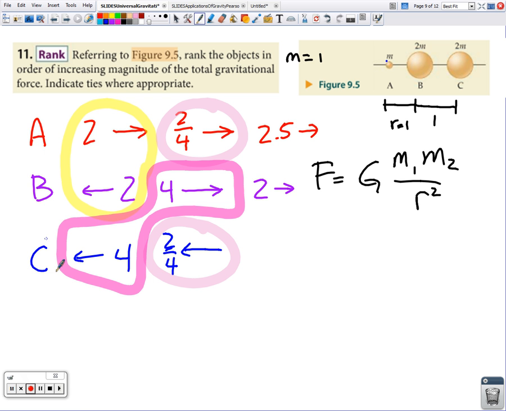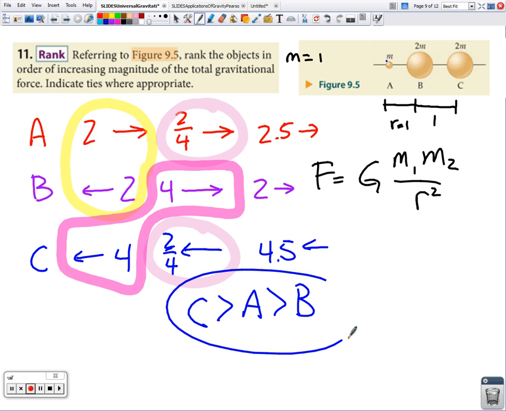The total force that C feels, 4.5 to the left. So the correct ranking here is C is greater than A is greater than B. Sorry, yeah, but C is still greater than A. All right, good there? Got it.